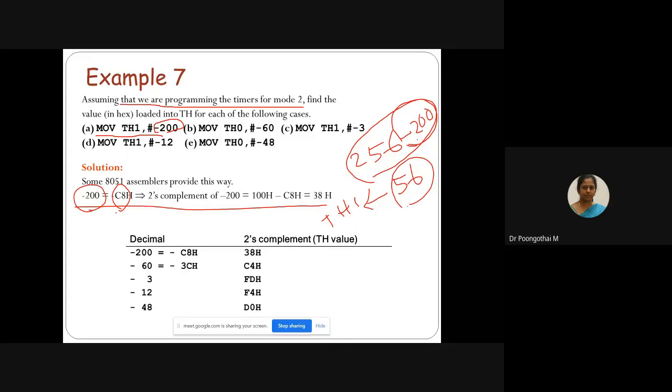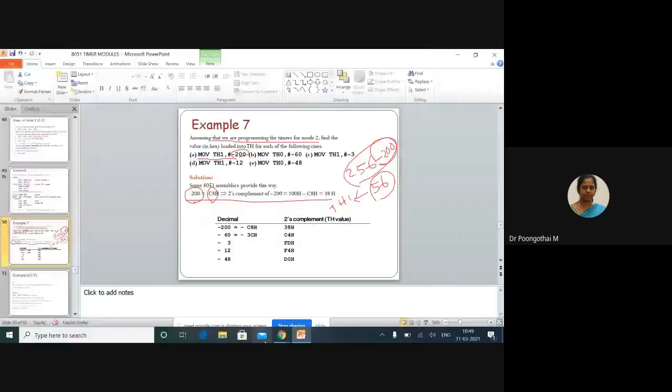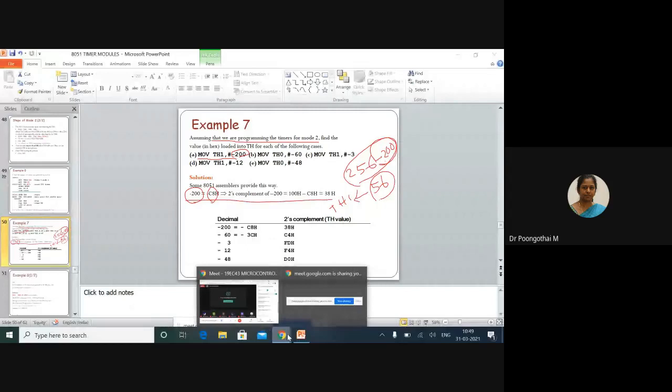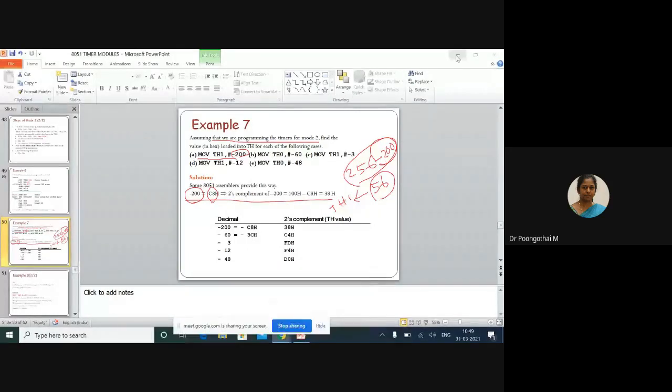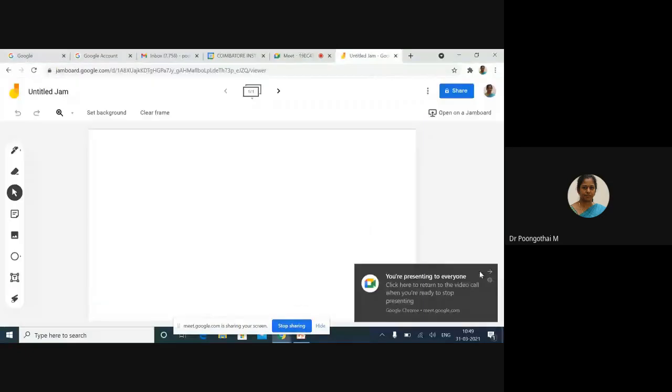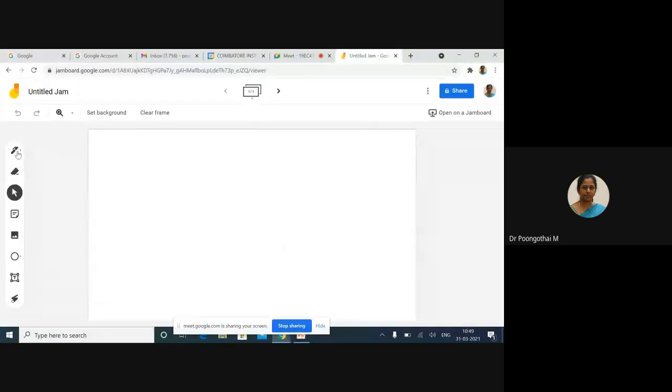So the given problem, move TH1 comma minus 200.